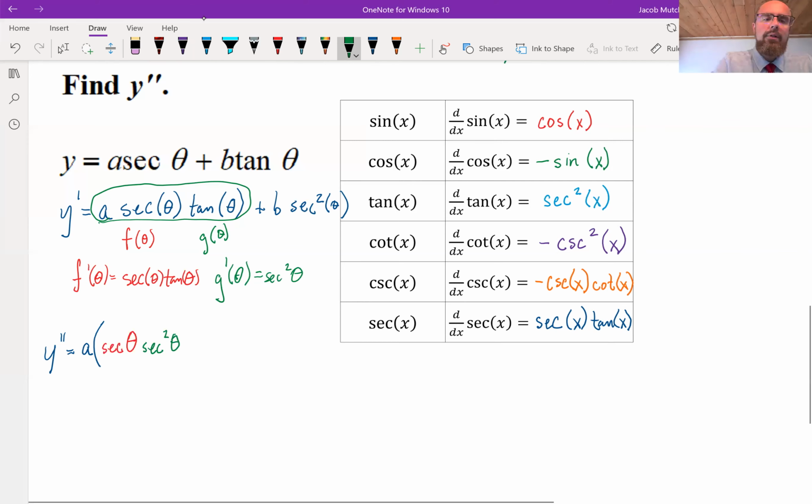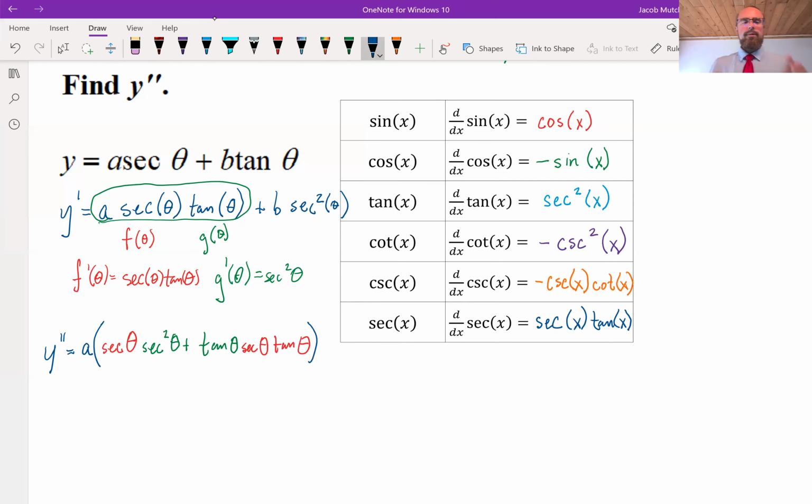And that's plus the original g, so that's tangent theta, times the derivative of f, so times secant theta tangent theta. And that finishes the derivative, at least in an unsimplified form, of that first term.